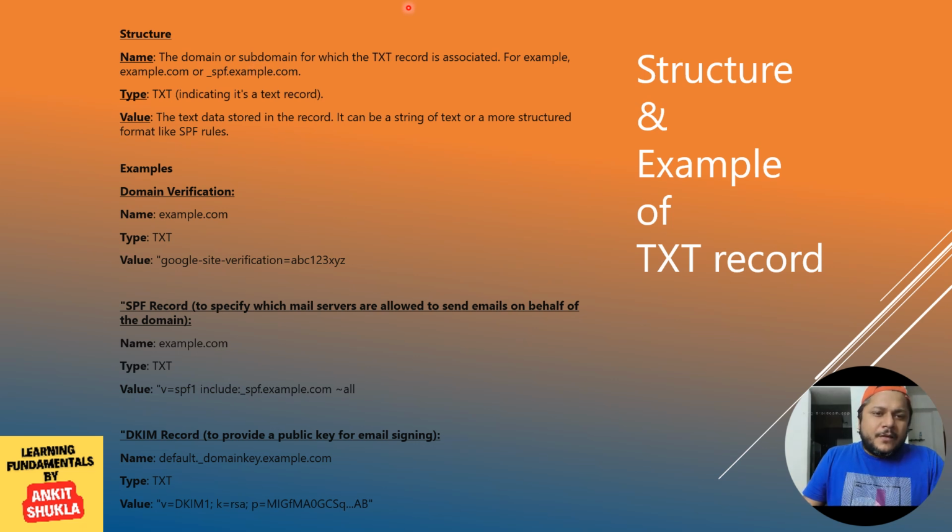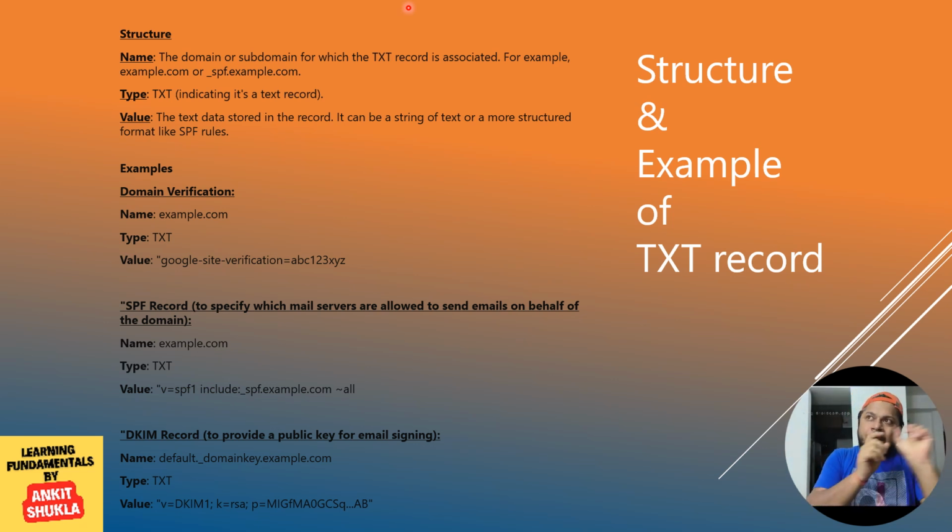Then let's look at some examples of TXT records. Now let's say we are talking about domain verification. For domain verification, an example would be, let's say my domain is hosted on Google, so Google is my authoritative server, and my domain name is example.com.